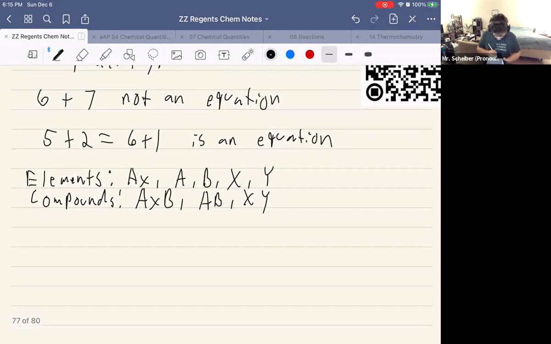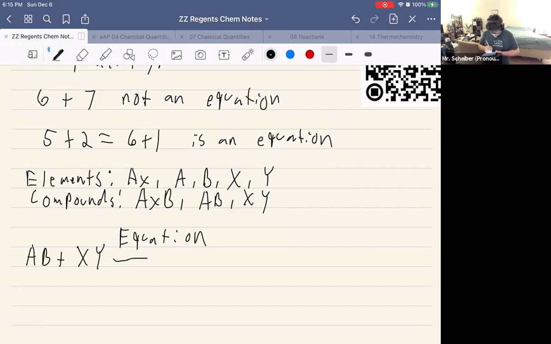For any chemical equation, it might look like this. Here's our equation, and we could have something like AB plus XY equals. But in chemistry, we don't use an equal sign, we use the arrow sign.